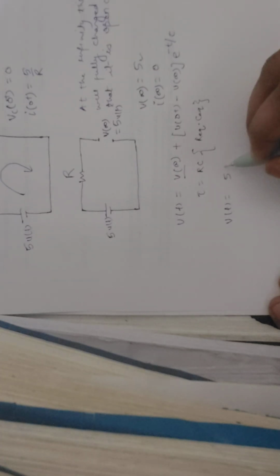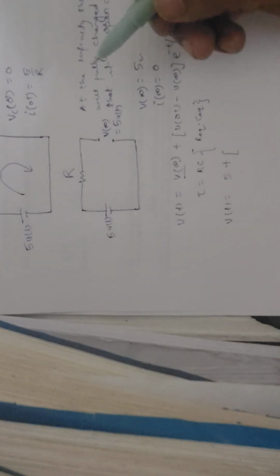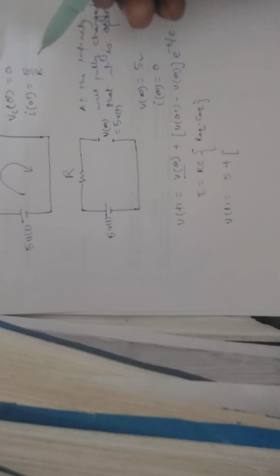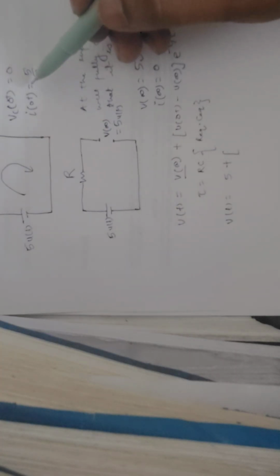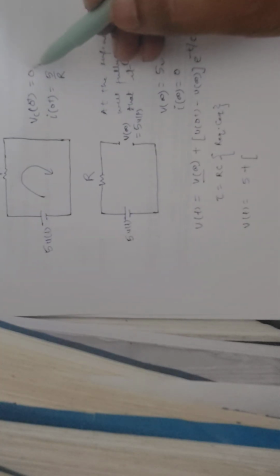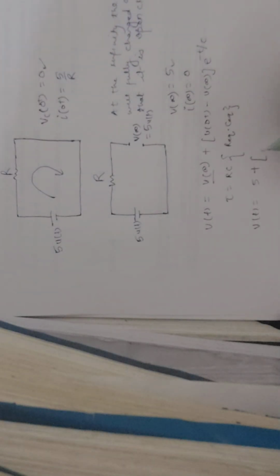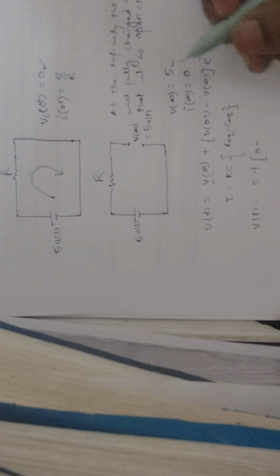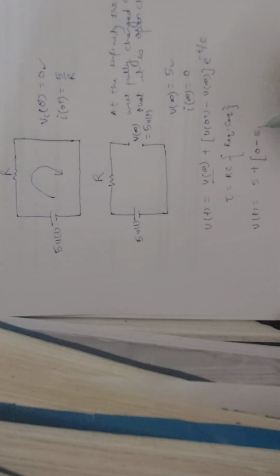Then plus, what will be the voltage at v0 plus? At v0 plus the voltage is 0. Then minus v infinity, which is 5 volt, and e to the power minus t by tau, and tau is RC.